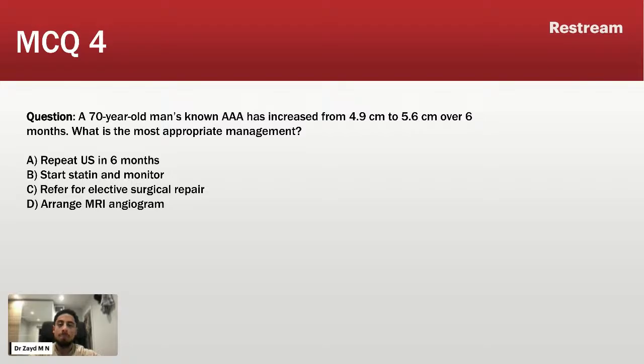Now, on to our fourth case. This is oftentimes a very, very common exam question. Okay. You have a 70-year-old gentleman. He's got a known AAA, which has increased in size from previously being 4.9 centimeters to now being 5.6 centimeters in over 6 months. What is the most appropriate management for this patient?